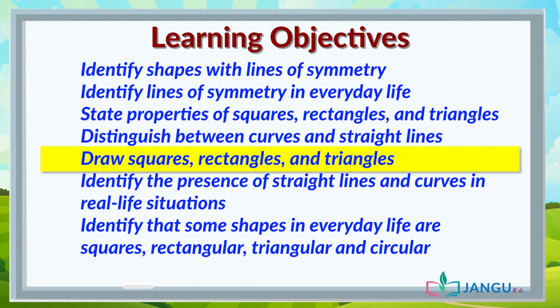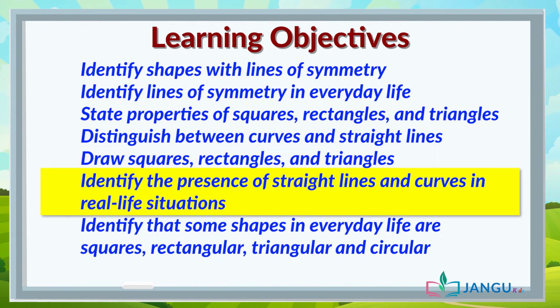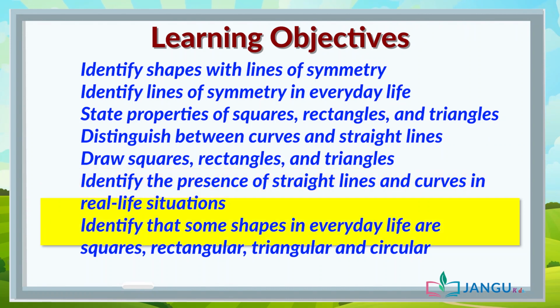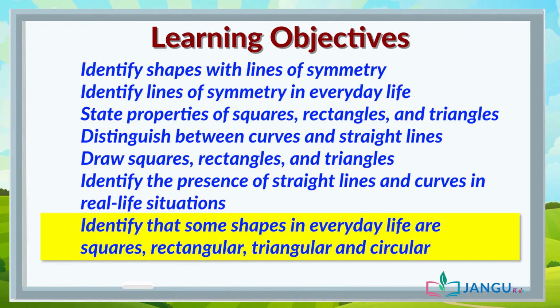Draw squares, rectangles, and triangles. Identify the presence of straight lines and curves in real-life situations. And identify that some shapes in everyday life are squares, rectangular, triangular, and circular.